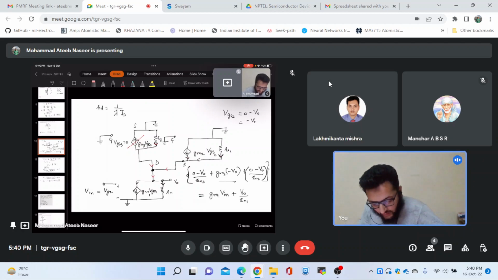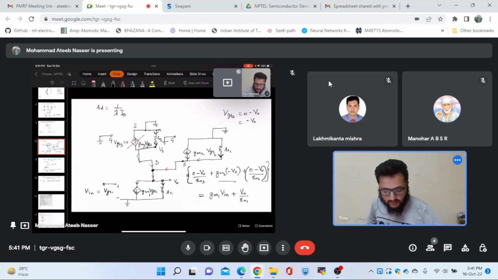Yes, that is what we have incorporated. This is that current. This is the ground terminal that has been grounded due to the DC bias. This is zero, and this terminal voltage over here will be V naught. That is the current we have written over here: 0 minus V naught by R naught3.